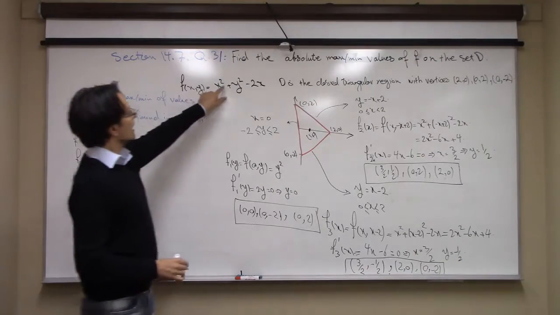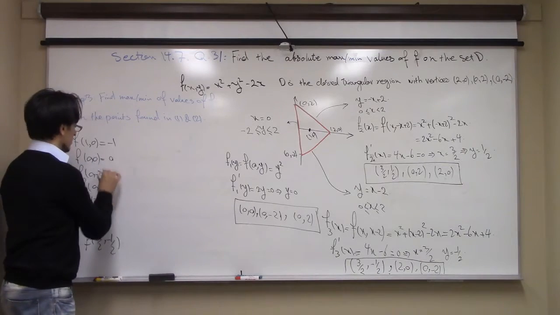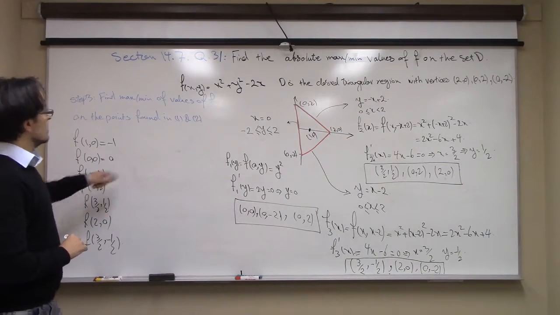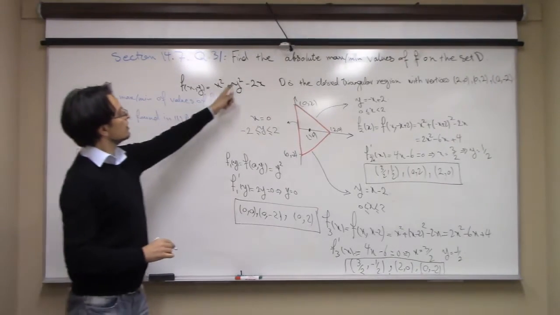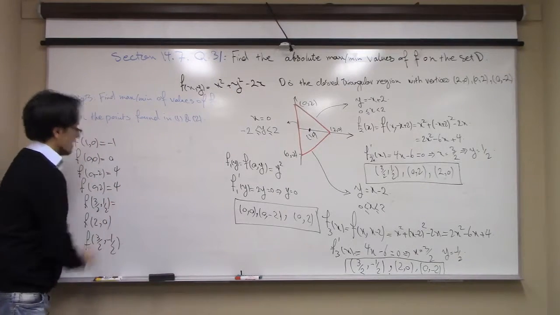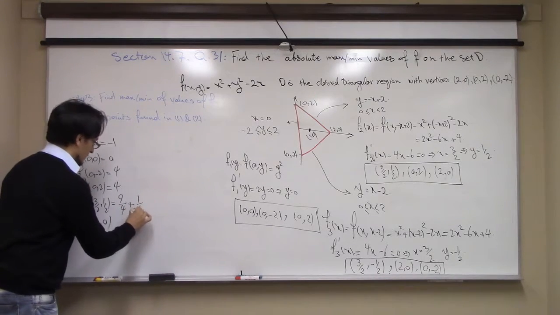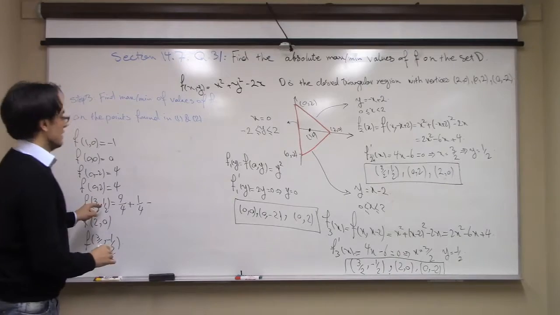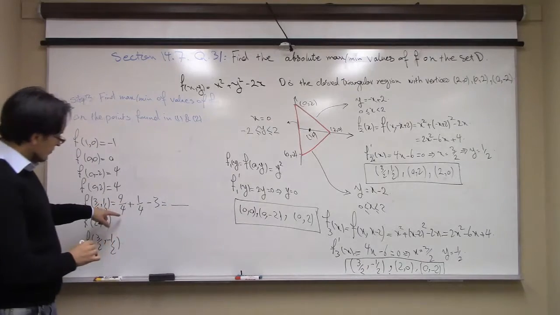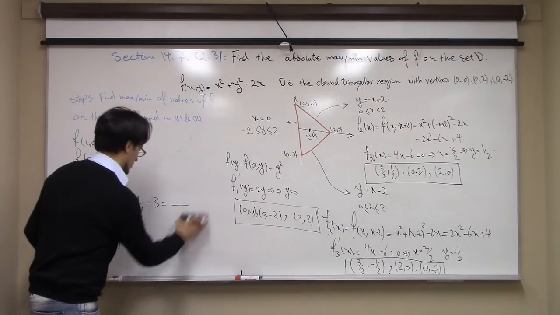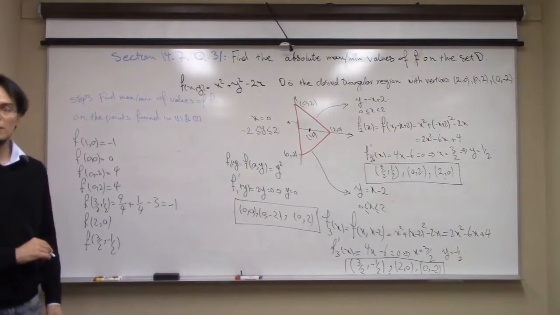At (1, 0), 1 minus 1... it is negative 1. (0, 0) is 0. (0, negative 2), so this is 0, this is 0, this is 4. (0, 2) is 4. At (3 over 2, 1 half), 3 over 2 squared is 9 over 4 plus 1 over 4, minus, you multiply this, minus 3, which gives me 8 over 4, which is 2. 2 minus 3 is negative 1.